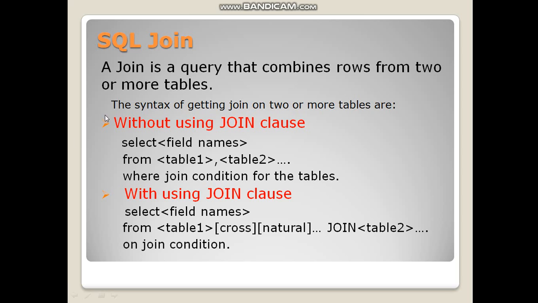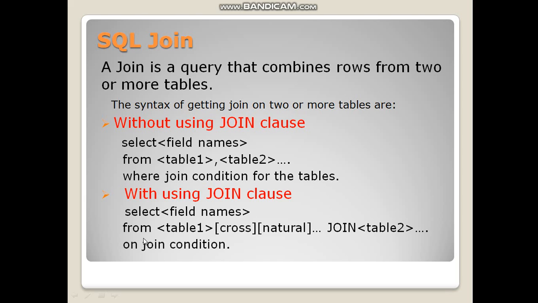Now with the join clause, the syntax will be: select field names from table 1. There are different keywords for different types of join using the join clause: cross join, natural join, inner join, left join, right join. We will discuss these. The main syntax is: select field names, which may be included from both the tables.